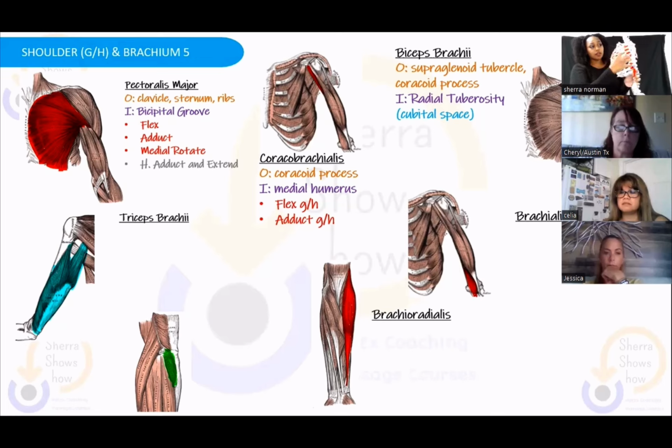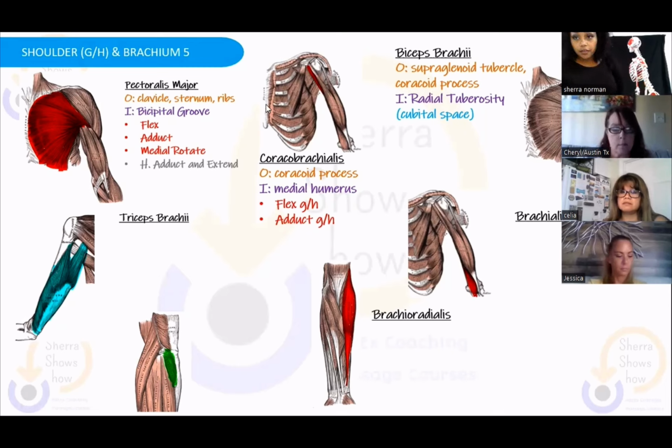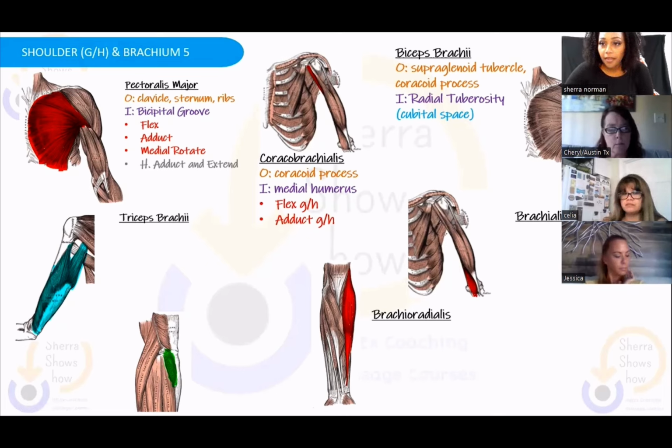The short head starts right on the coracoid process here and comes down, all right? As you can see in the picture there, there's the short head, there's the long head passing through the bicipital groove, okay? They insert on the radial tuberosity, all right? So that's this point right here on the radius. I don't know if you can see that, but the radial tuberosity right there, okay?